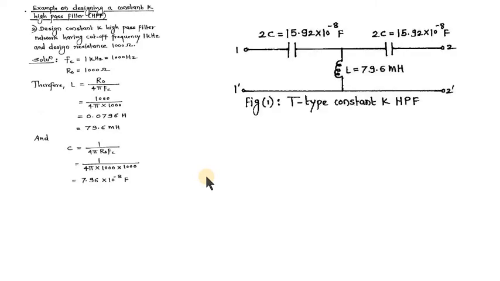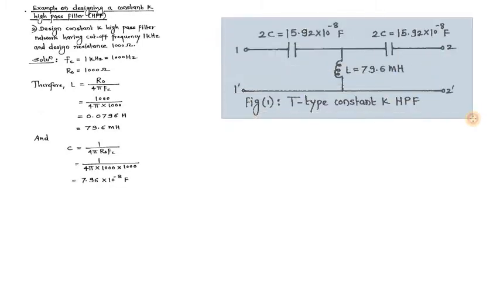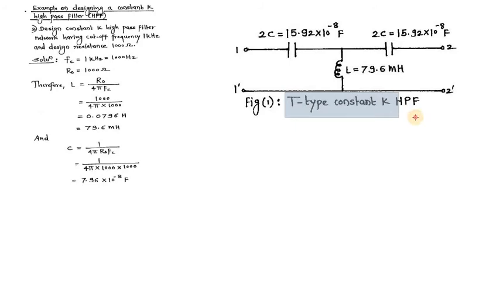So let's draw it. This is a T symmetrical type, or T type constant K high pass filter, what we precisely call it as far as the exam is concerned.